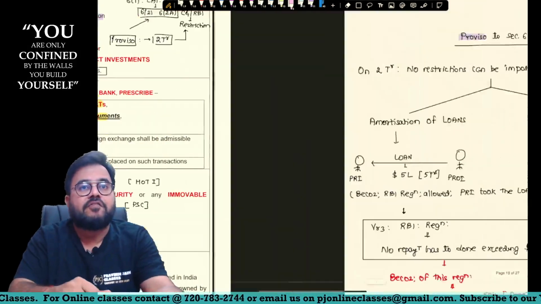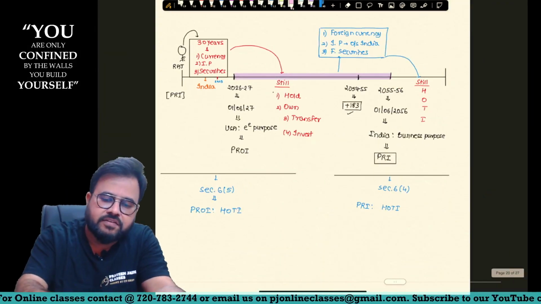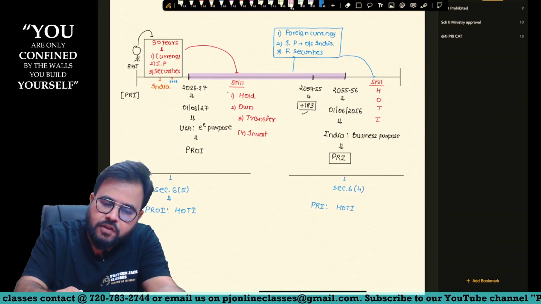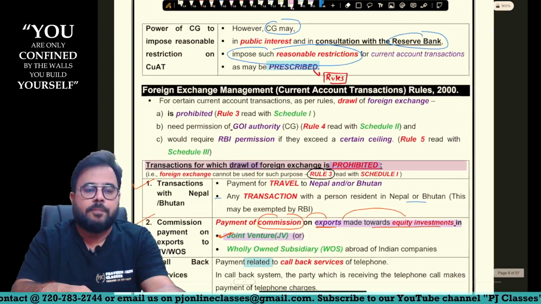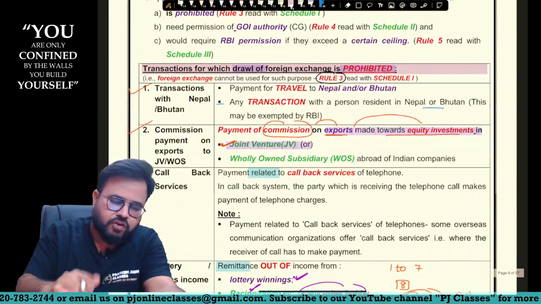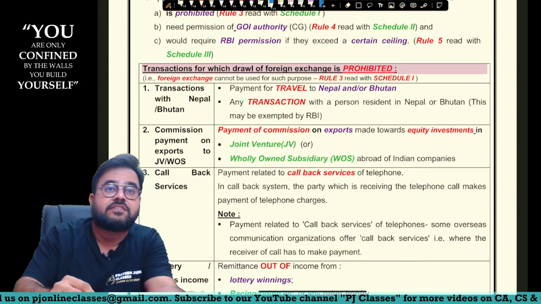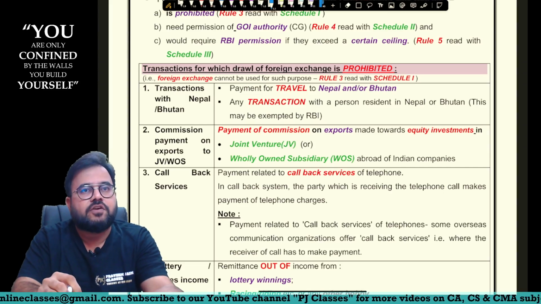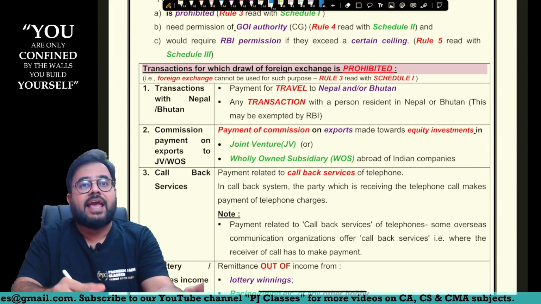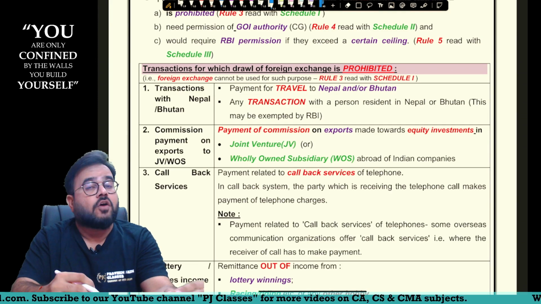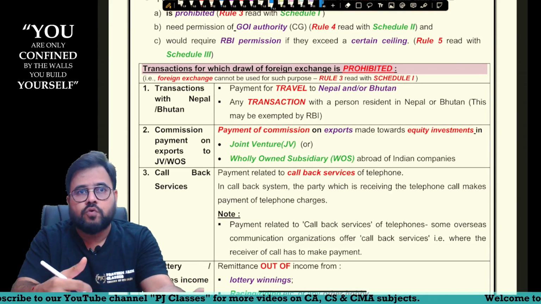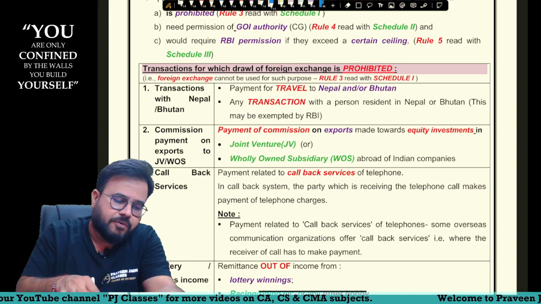In FEMA we have something called current account transactions and capital account transactions. If we see schedule number 1 read with rule number 3, you will find a list of all current account transactions which are prohibited. In other words, a PRI cannot carry out this type of transactions, or a PRI cannot use foreign exchange for this type of transactions.